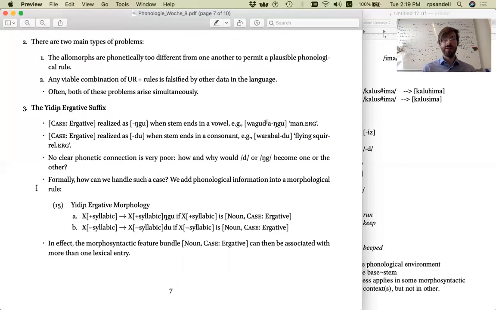I think maybe a more reasonable approach that morphologists would agree on would be to add some phonological information to a morphological rule.